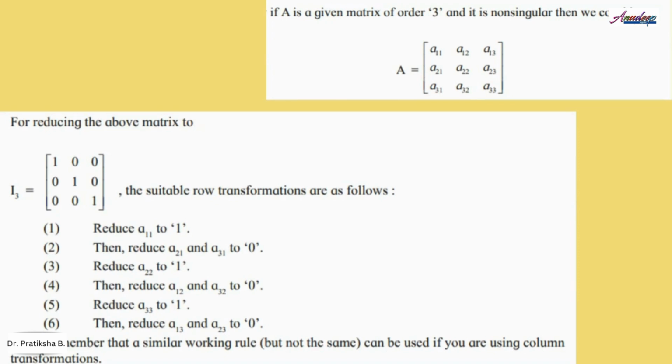First of all, reduce the element at position A11 to 1, reduce A21 and A31 to 0, then reduce A22 to 1, reduce A12 and A32 to 0, reduce A33 to 1, then reduce A13 and A23 to 0. Remember that similar steps may be used if you are using the column transformation.